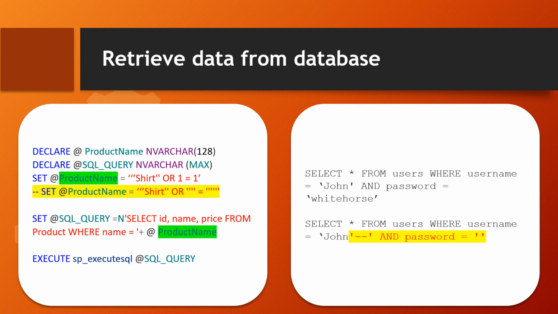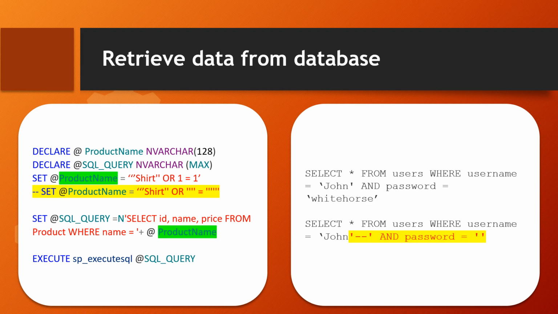So there are two example product names. If I pass shirt or 1 equal to 1, or shirt or blank equal to blank, both statements are true, and if they get injected or appended to this select query, it will retrieve all the information of the product table, like ID, name and price.